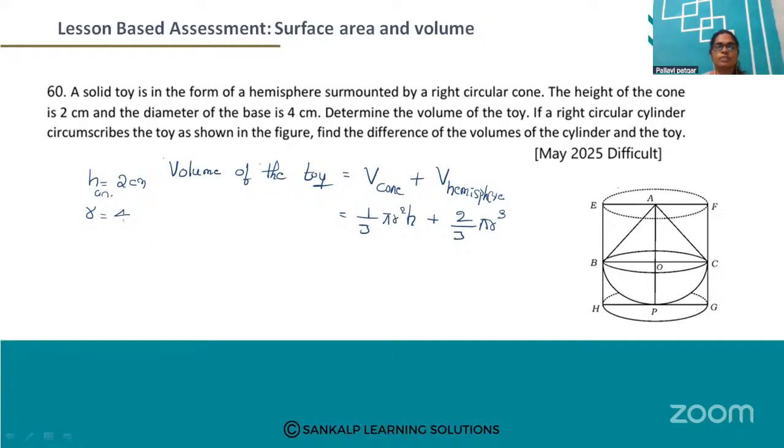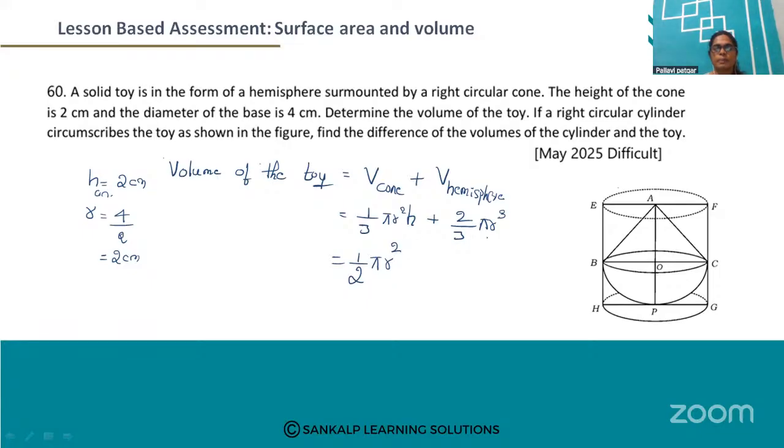Then the radius of the cone is 4/2, which is equal to 2 centimeter. Okay. So here the radius of the base of this hemisphere is half of the diameter. So r is equal to d/2, 4/2, which is equal to 2 centimeter. So 1/3 pi r square is common.